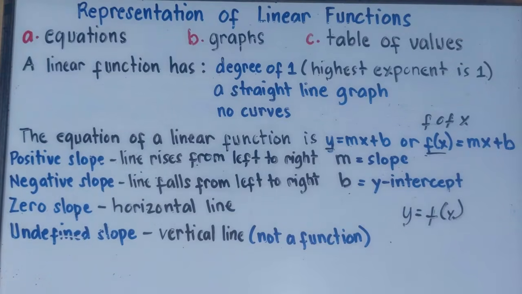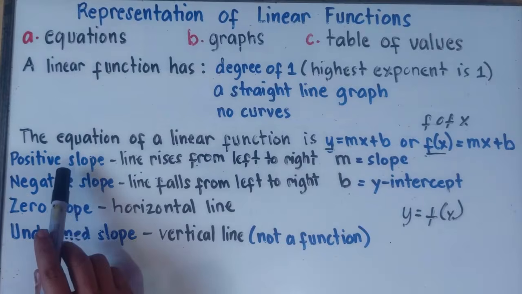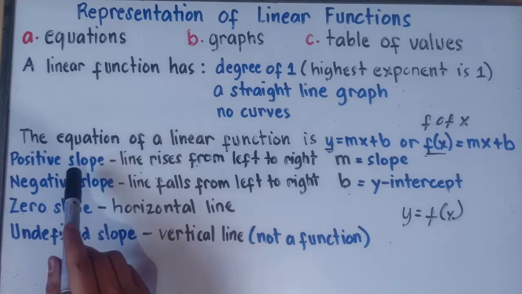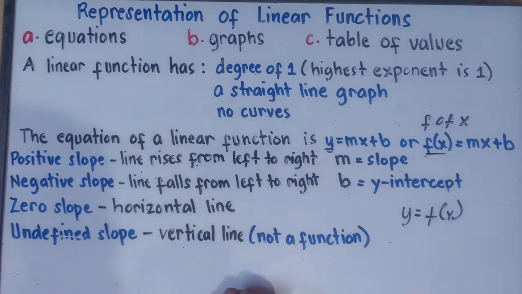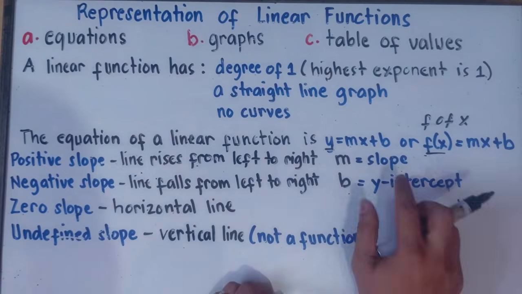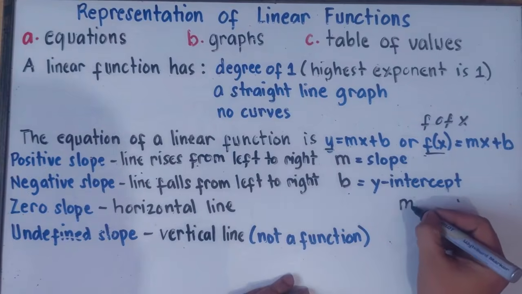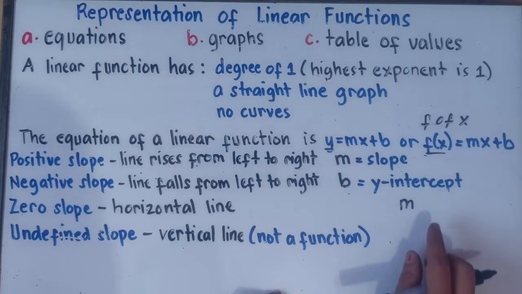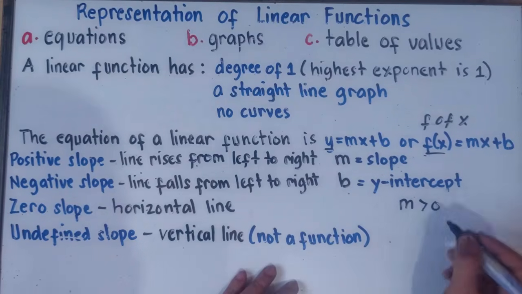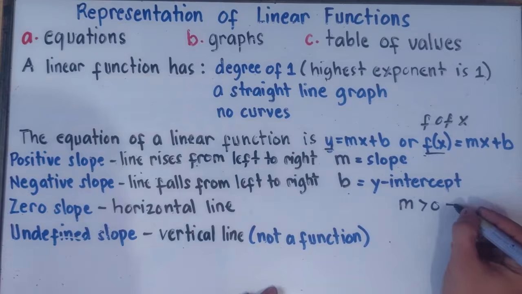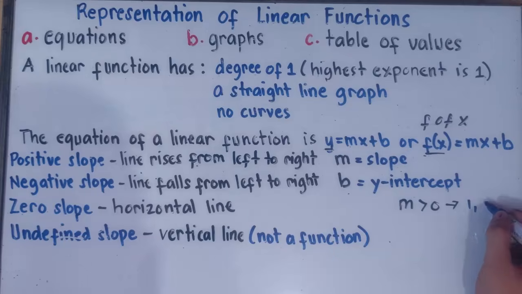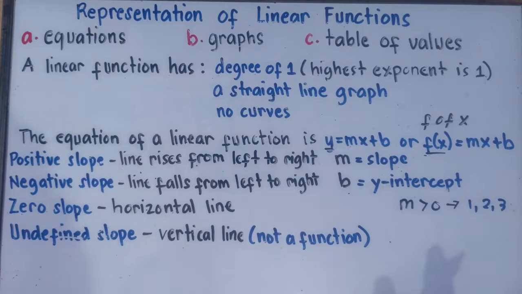Now, if your slope is positive, which is m, and m is the slope, what are positive numbers, class? That's correct, greater than 0. If m is greater than 0, those are positive numbers. For example, 1, 2, 3, 4, 5, and so on.